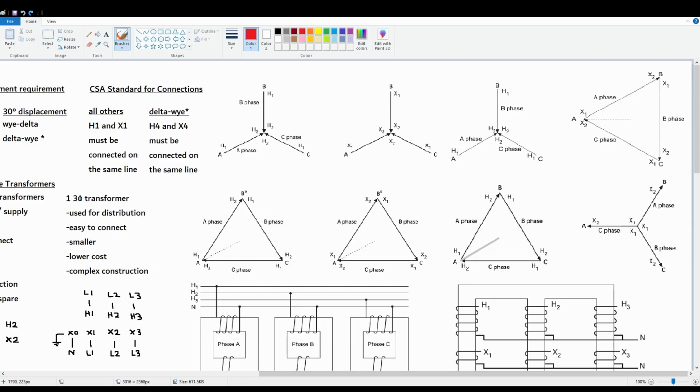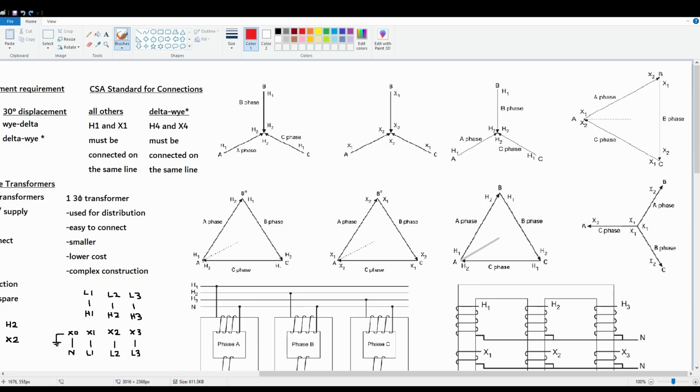So if we have a Y to Y, we come into line A, and line A is going to be connected to neutral, which is in the middle here. So A to neutral. And then if we go on to the low voltage side, it's going to be the same thing. We come into line A, and then line A is going to be connected to neutral.